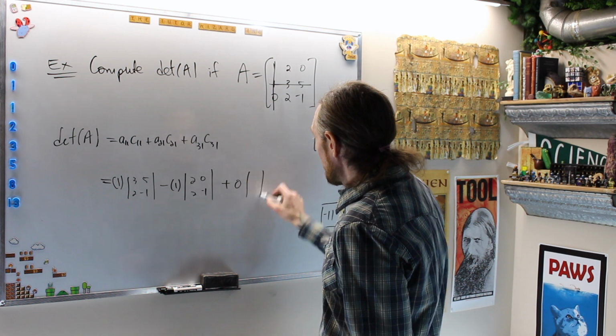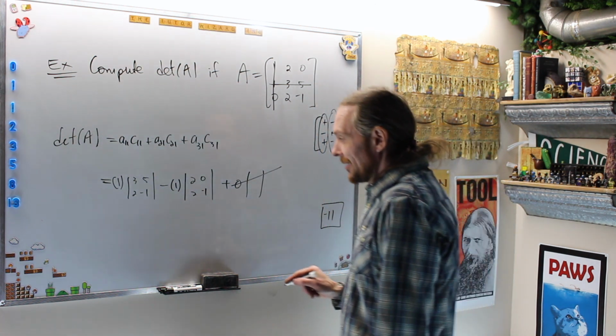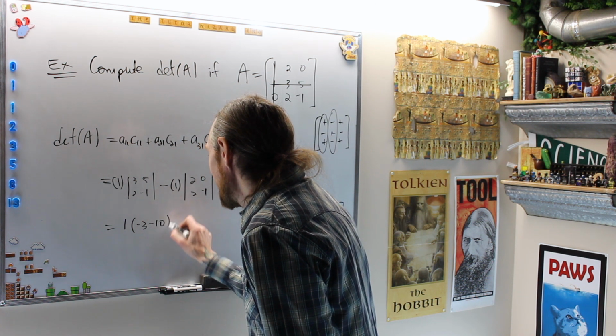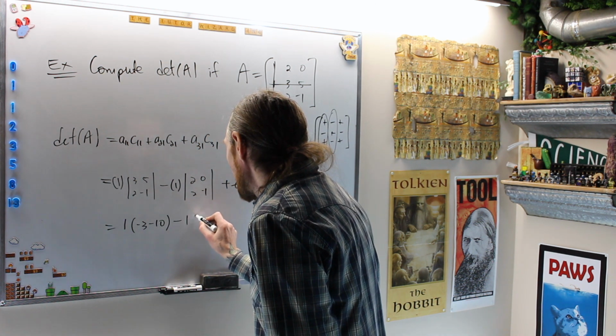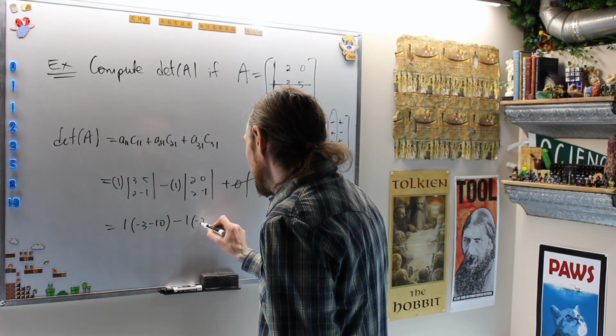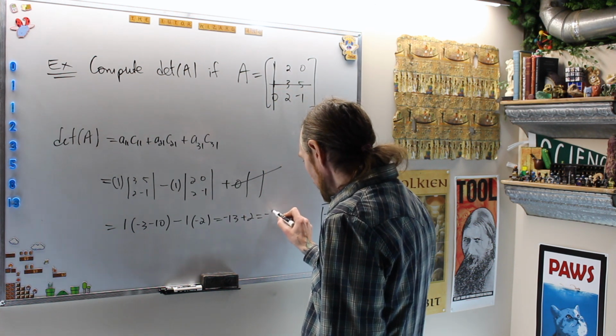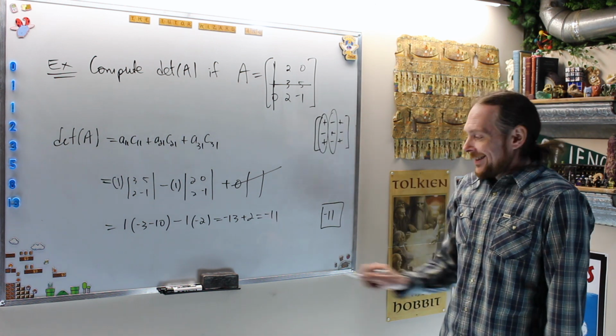Plus 0 times I don't care. Literally, 0 times I don't care. Equals 1 times negative 3 minus 10, minus 1 times negative 2, which is negative 13 plus 2, which is negative 11.